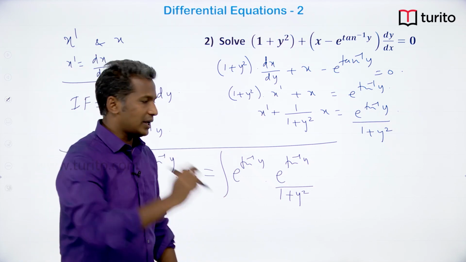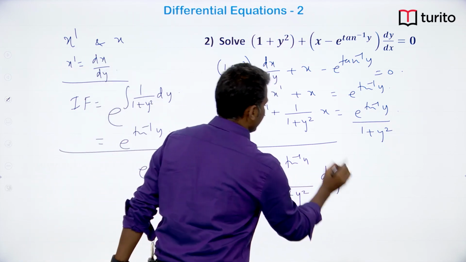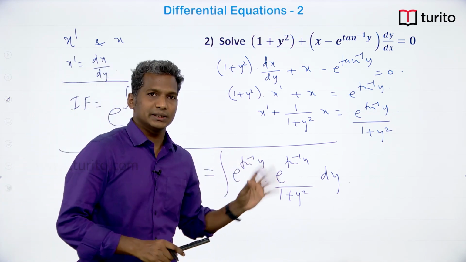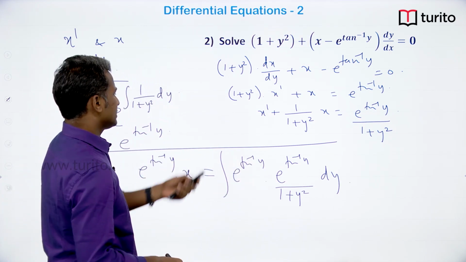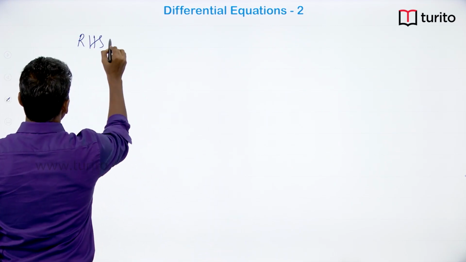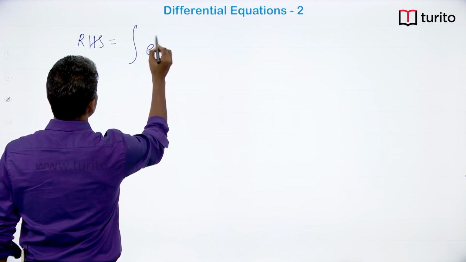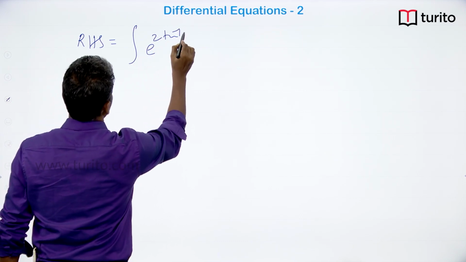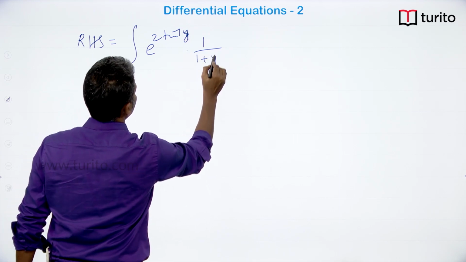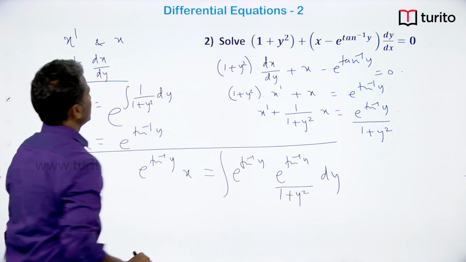It is y. So we put dy here. Now, the further process is about integrating this. So let us integrate this RHS part. So this is our RHS.